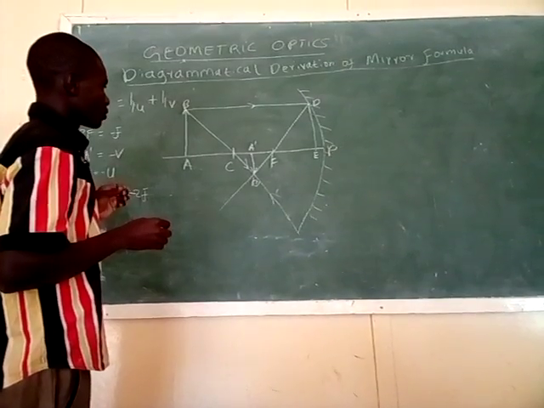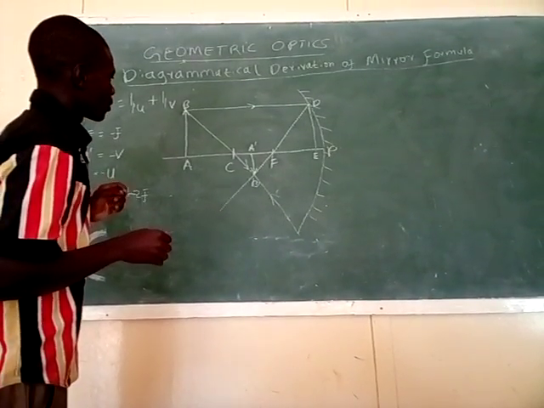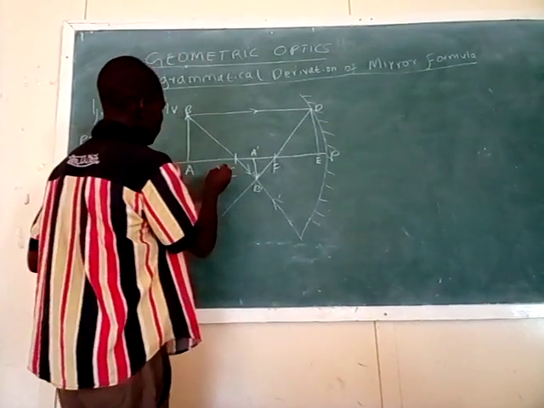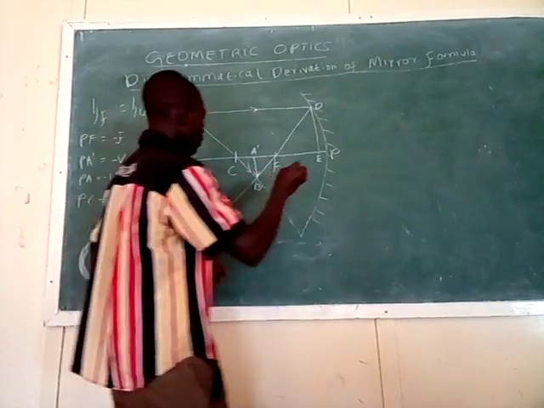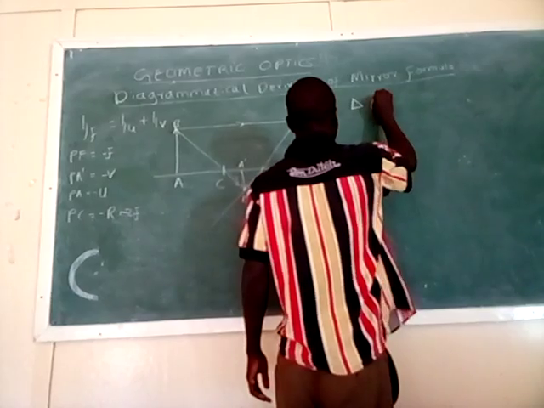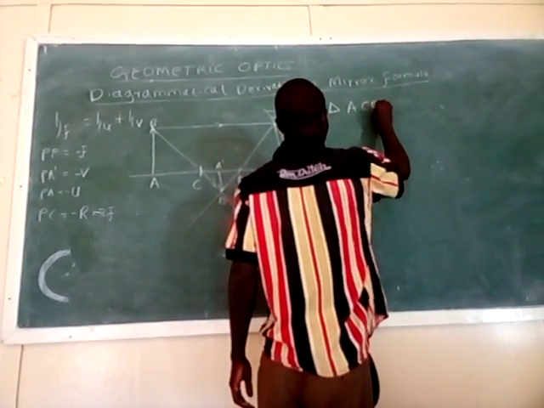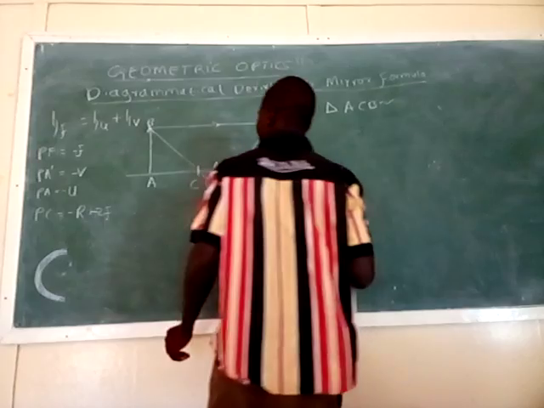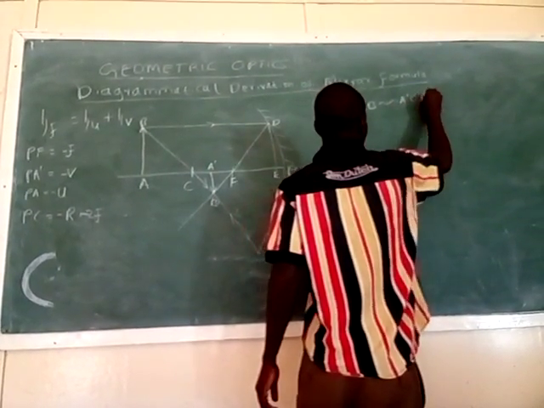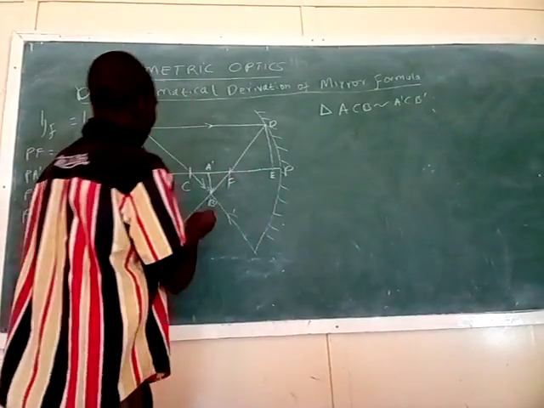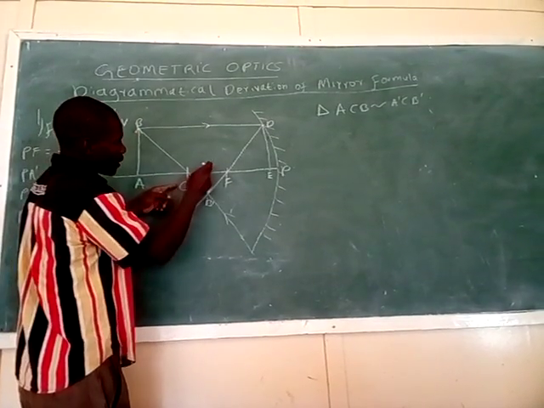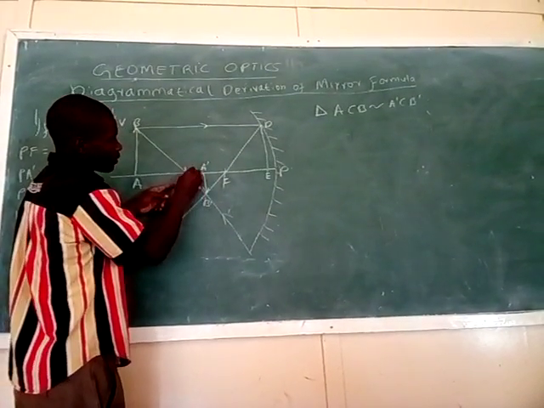I think this triangle ACB is similar to triangle A prime C B prime.